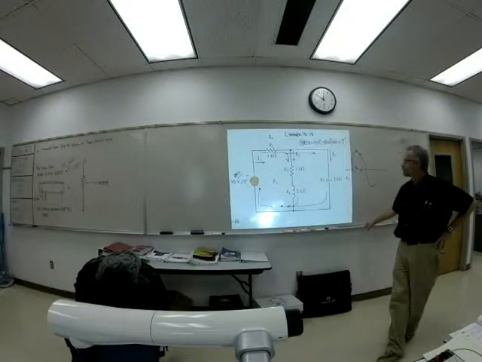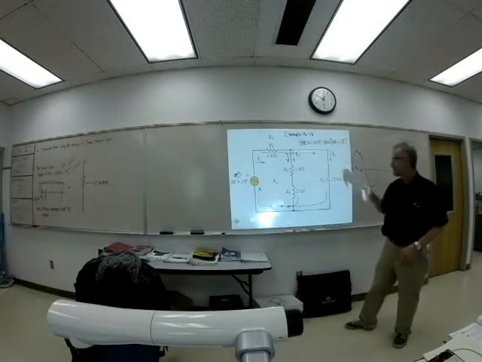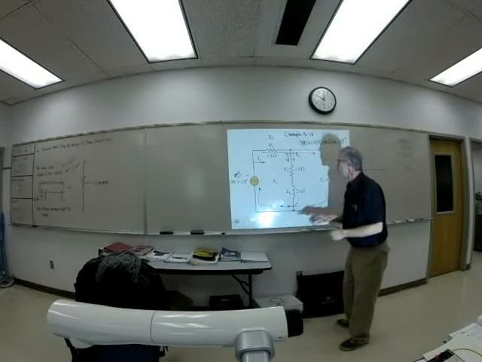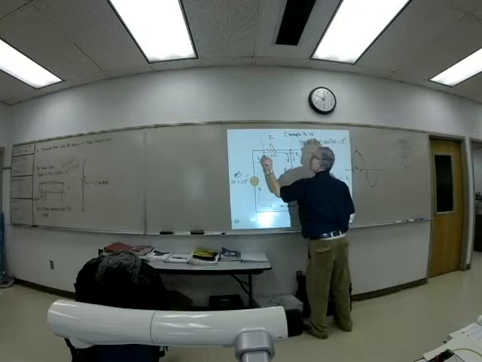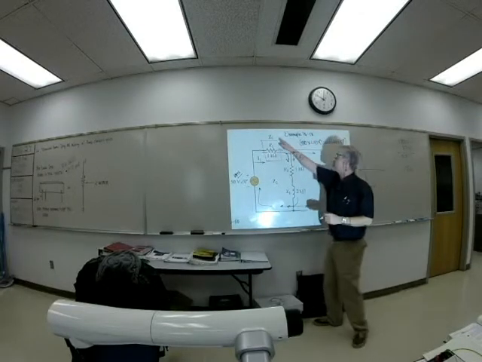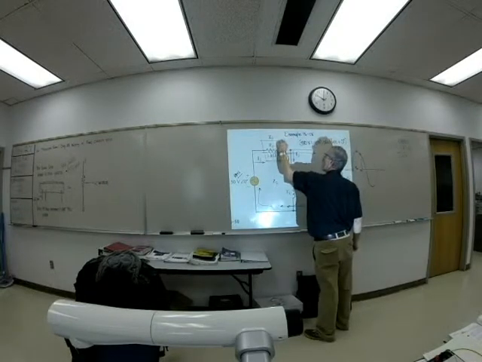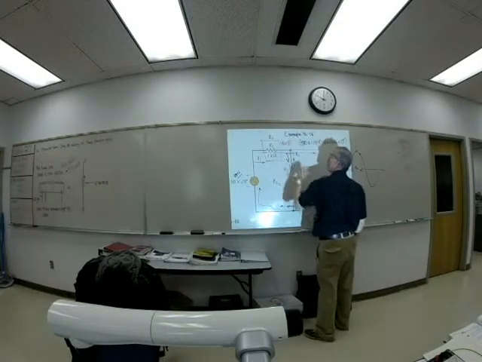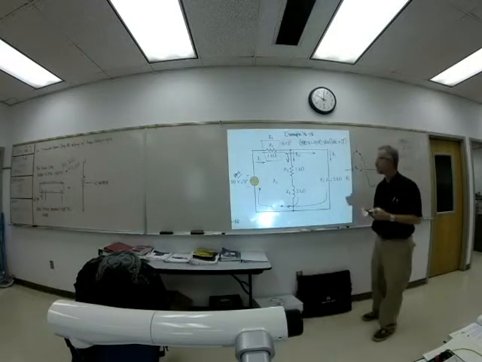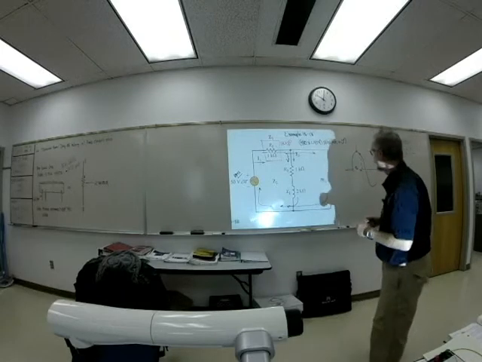Okay, so let's go ahead and start out by creating blocks in this drawing. We're going to put one block here, and we're going to call that the impedance Z1, equal to 1K plus j0, because there is no reactance in that component.